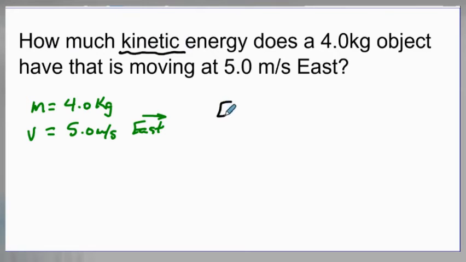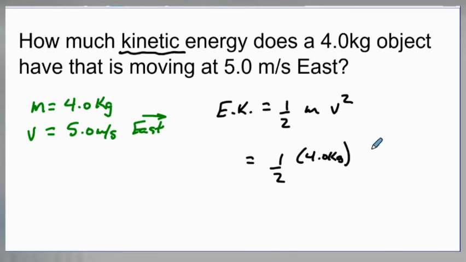So our kinetic energy is 1/2 mv squared. It's quite simple. Let's see, mass here is 4 kilograms. The velocity, 5 meters per second.